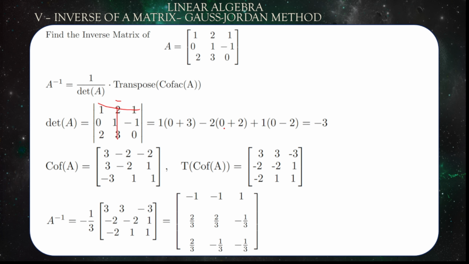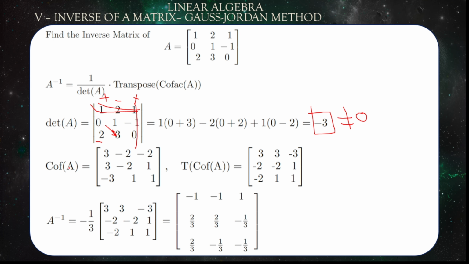So minus 2 times 0 plus 2. Then finally, plus, because the signs go plus minus plus, 1 multiplied by 0 times 3 minus 2 times 1, which gives us minus 3. The determinant is different from 0, so A is invertible. We can find an inverse for matrix A.